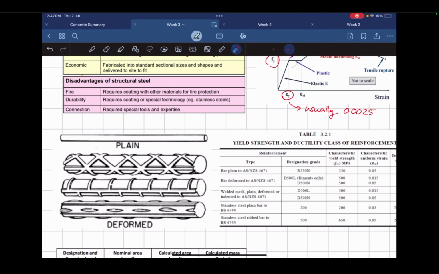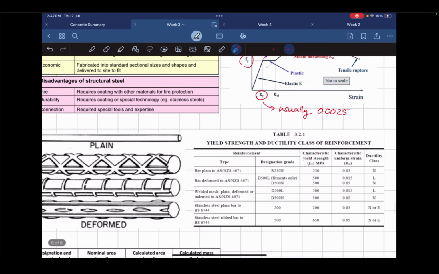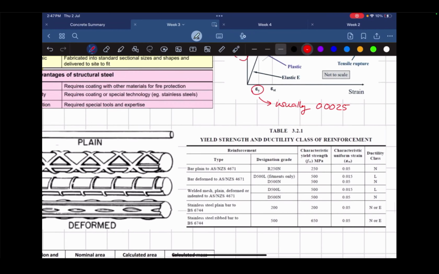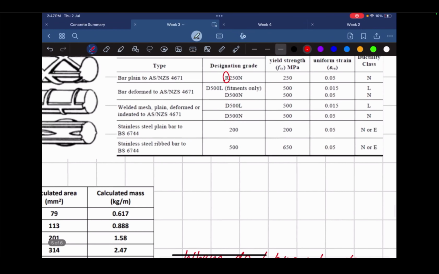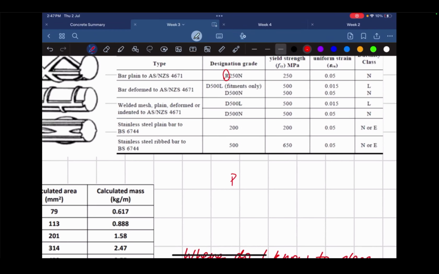The main thing I want to cover really quick is that there are two different kinds of bar classes. We've got the R bars and we've got the M bars. When it comes to reinforcement, we use this.